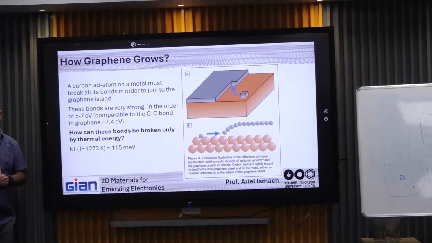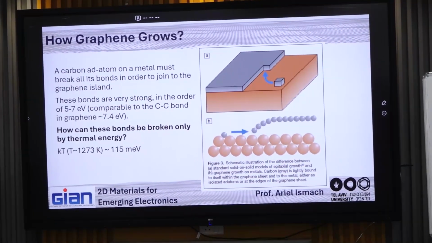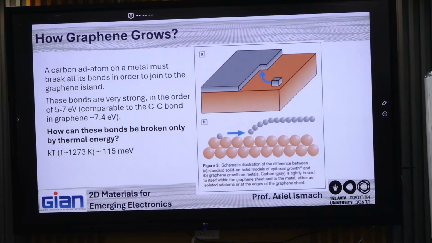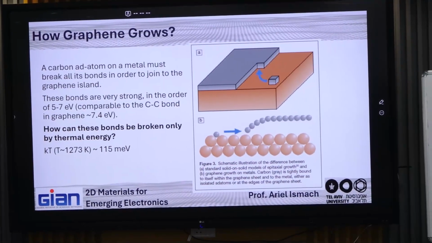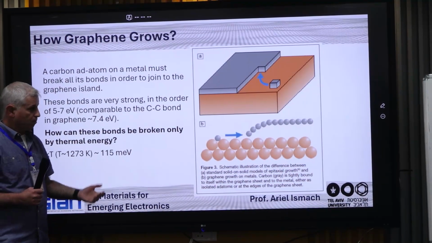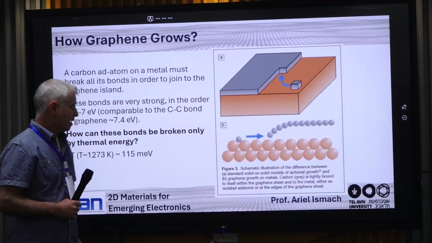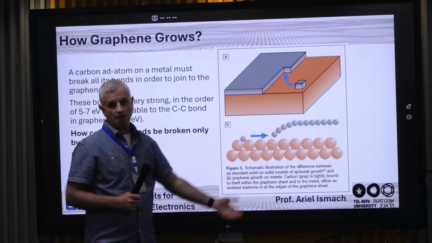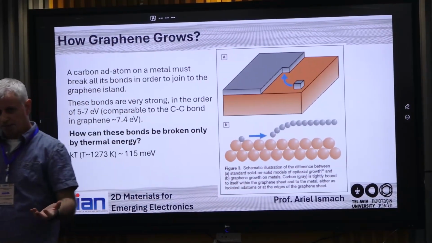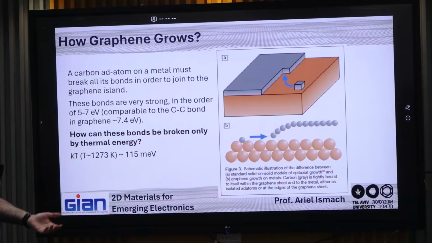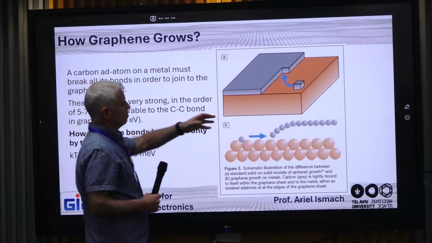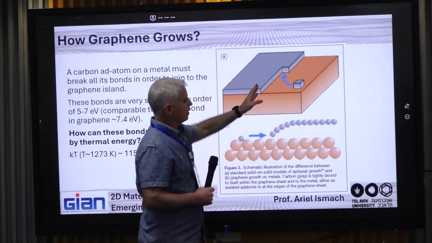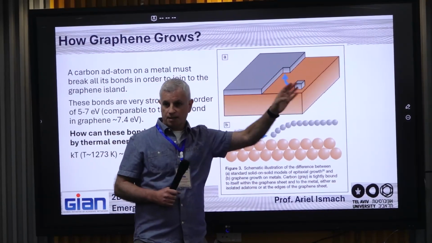Now another interesting thing when we compare the growth of graphene on catalytic metals and the growth of thin films, like the ones that I showed you before, is that in the thin film, the interaction with the substrate is covalent, ionic, or metallic, depending on the material system.